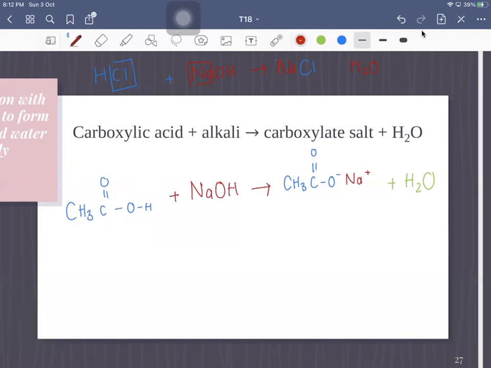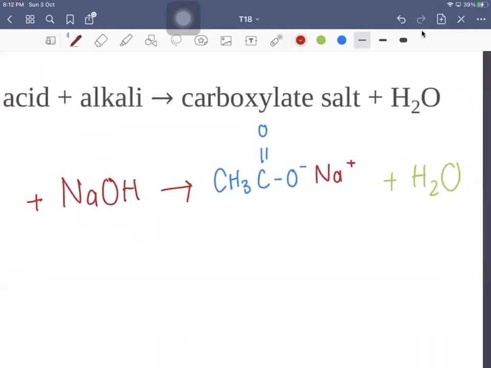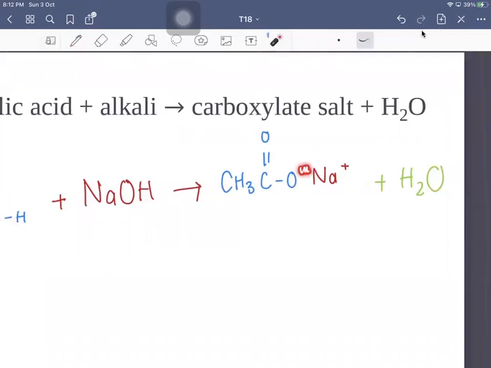In this case it doesn't confuse you because they're only +1 and -1, so they cancel out nicely. If you don't want to draw the charges, you can of course remove them, and it's still the same salt.